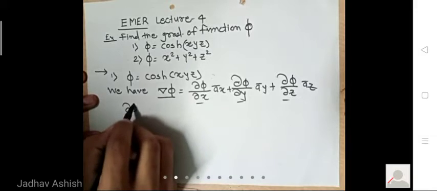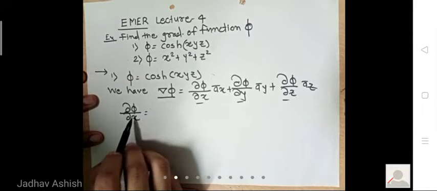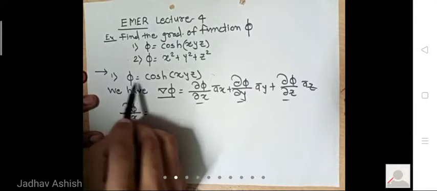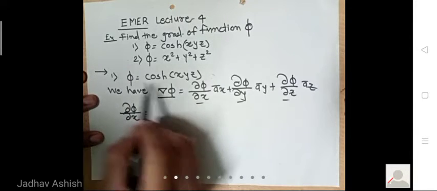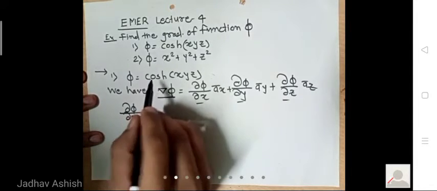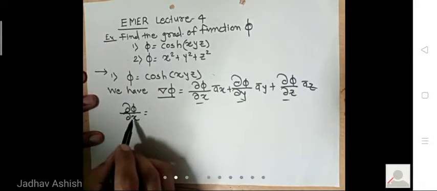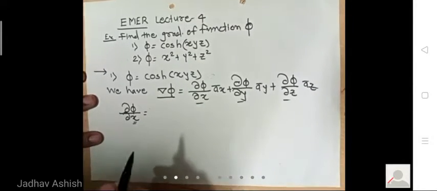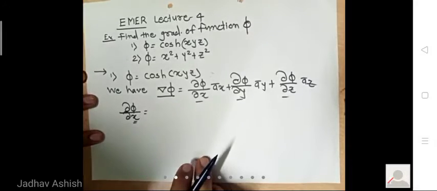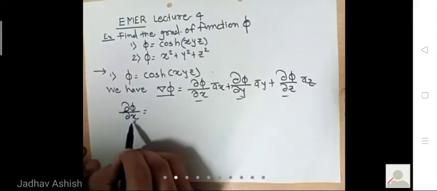Let us say dou phi by dou x. For that, you have to partially differentiate this equation with respect to x. What is the partial derivative of cosh xyz with respect to x?